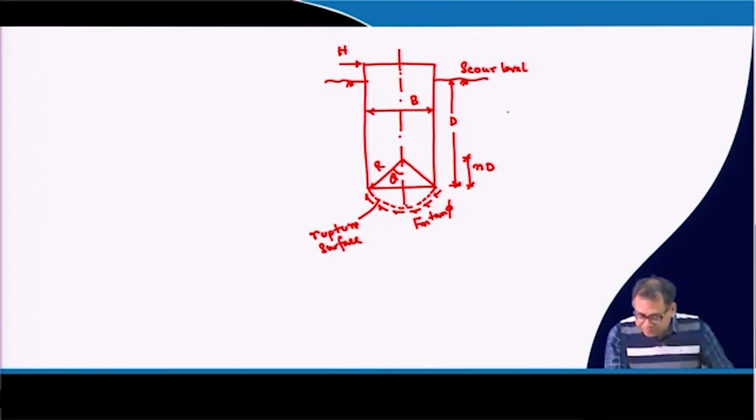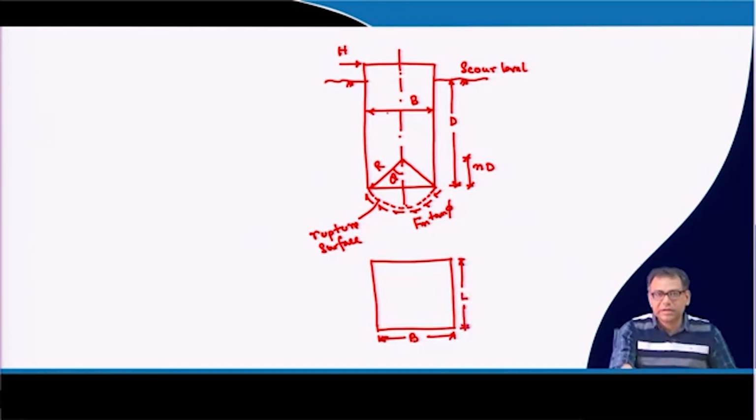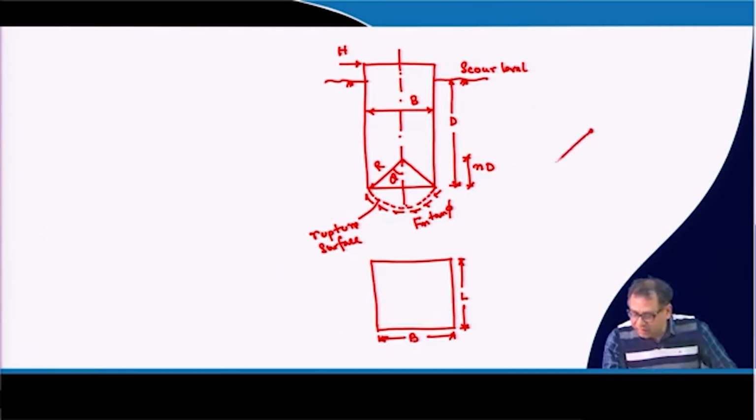Okay. Now, if the well has a rectangular cross section, then again this is B, and this side, perpendicular to that sectional view, has length L. Now, if I draw only the rupture surface portion, this is the point and this is the rupture surface, which will be a circular path.